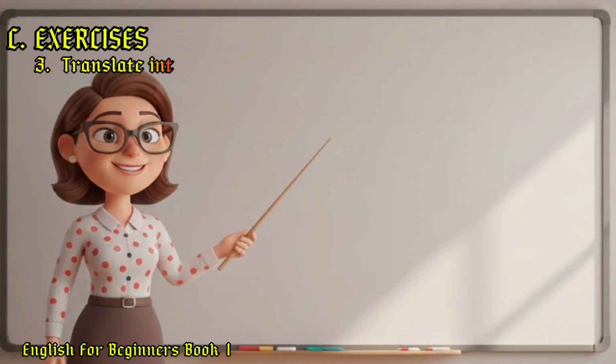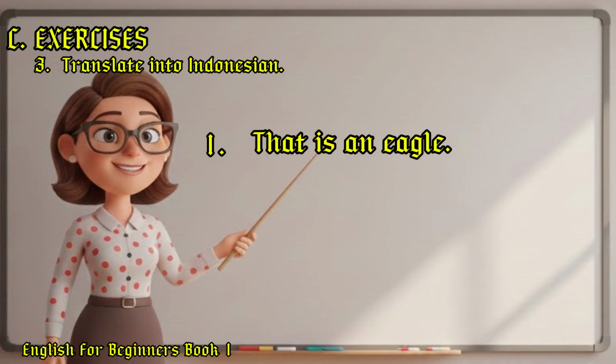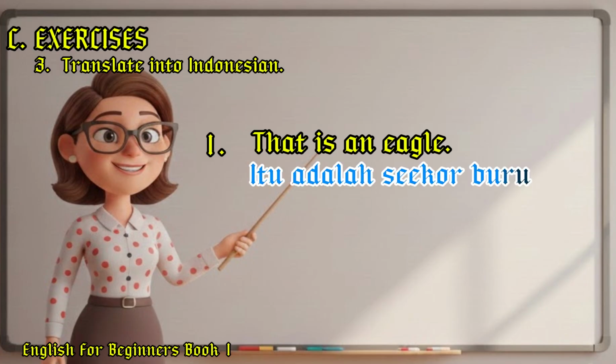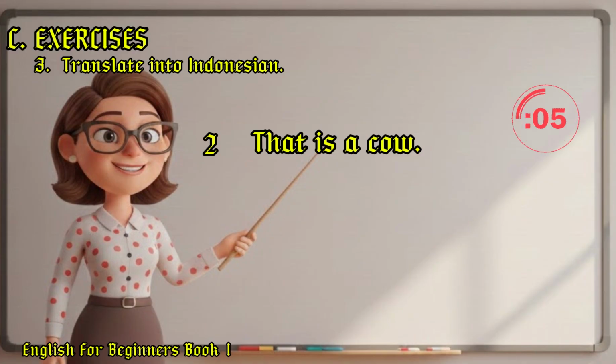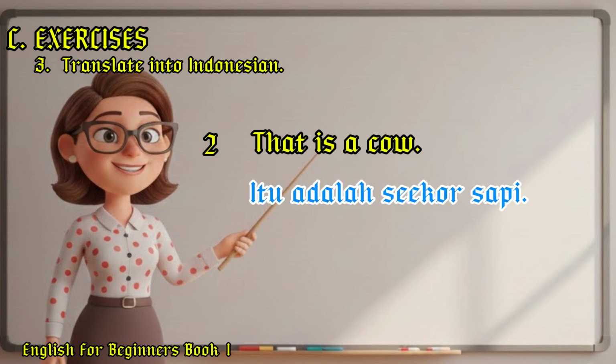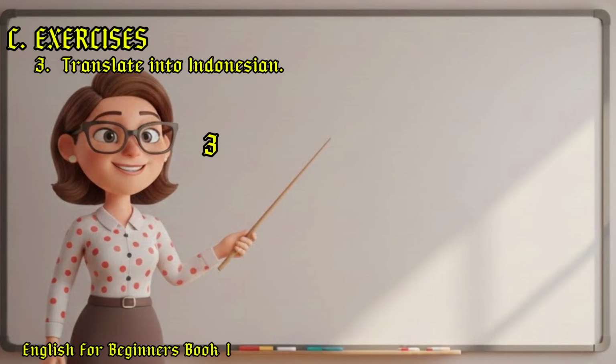3. Translate into Indonesian. 1. That is an eagle. Itu adalah seekor burung elang. 2. That is a cow. Itu adalah seekor sapi. 3.